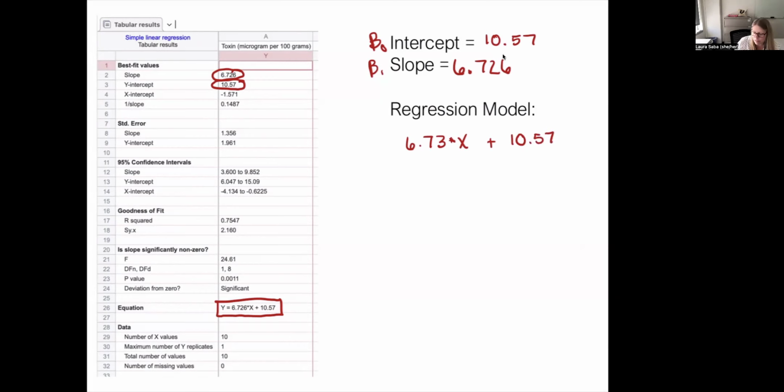So if we wanted to interpret these coefficients, for our intercept we would say the intercept beta naught equals 10.57.